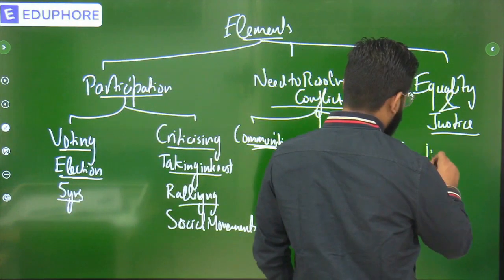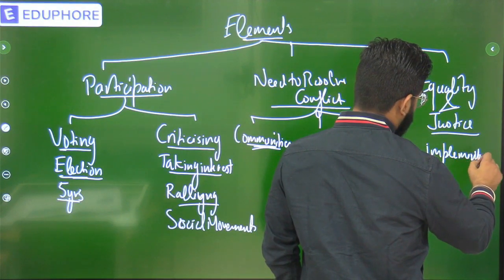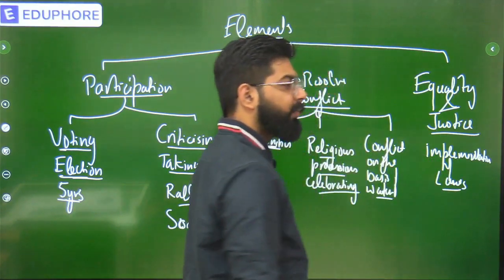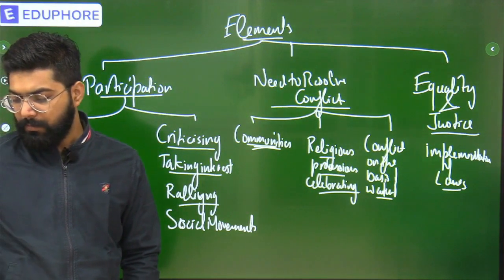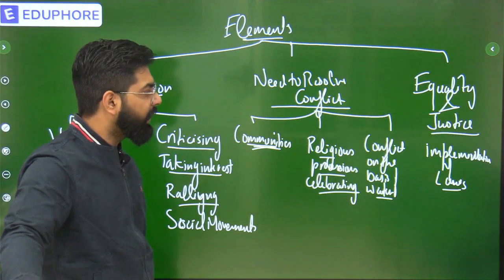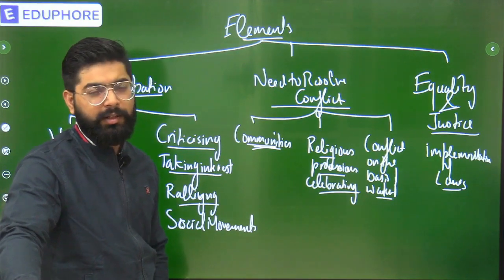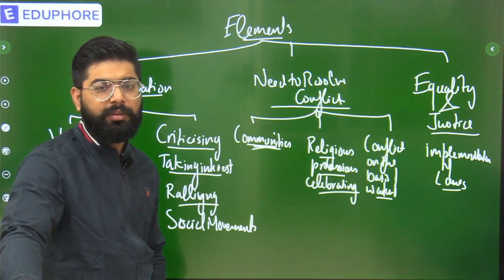By proper implementation of laws, by proper implementation of the provisions of the Constitution, by not denying education to any child, and by treating them equally when it comes to admission to educational institutions.